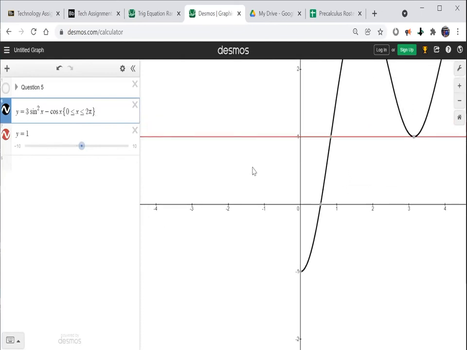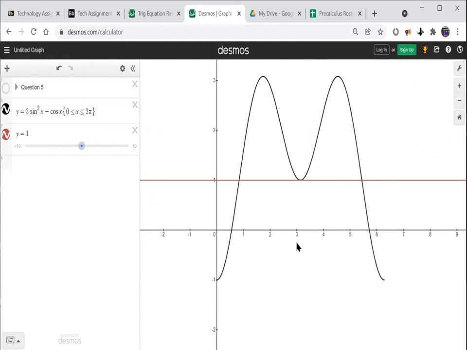All right. So this one isn't really that bad, because when I click on my intersections, I have my 3 solutions here. One of them is actually in terms of pi, which is really nice. All right. So some could be pretty easy, you know, 0.841, 5.442.